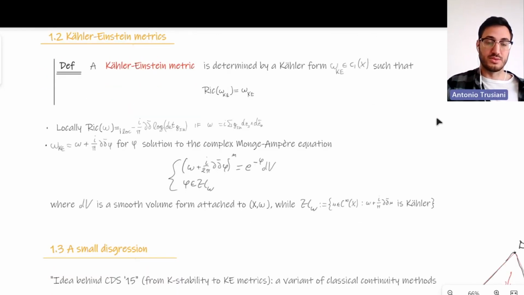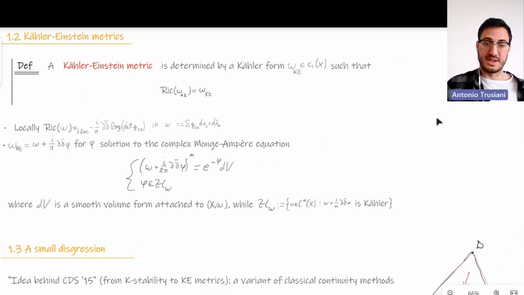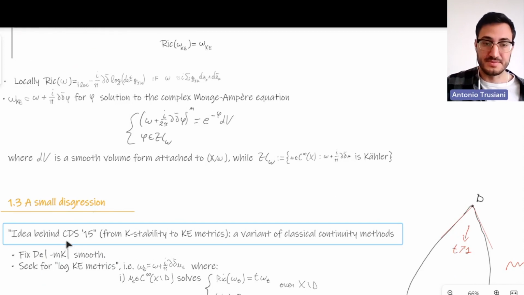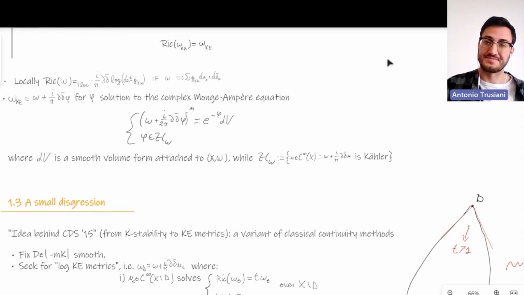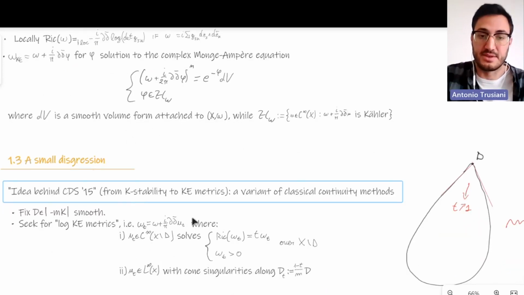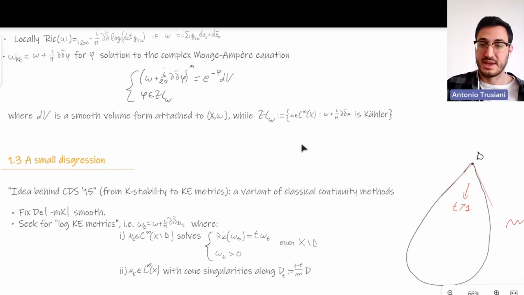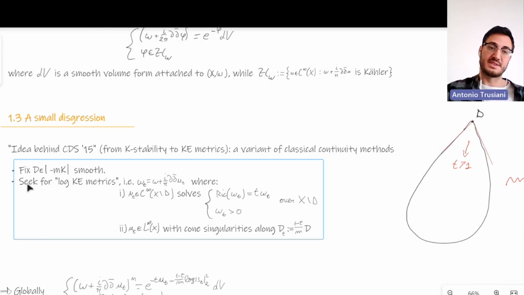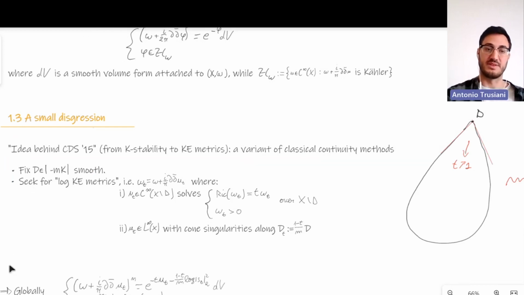Now I would like to spend 2 minutes on the idea behind the work of Chen, Donaldson, Sun. That was the hardest implication, going from K-stability to existence of a Kähler-Einstein metric, and this can be thought of as a variant of classical continuity methods. So what they did, they fix a smooth divisor in minus mK_X.